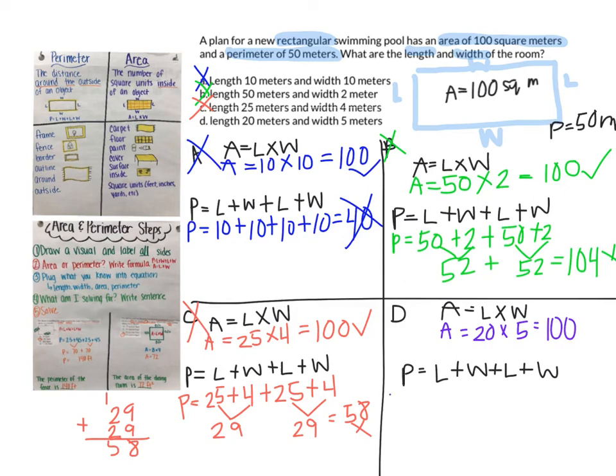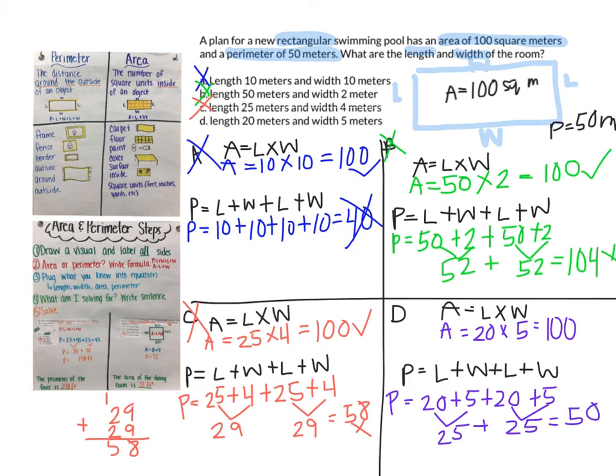Now perimeter. Perimeter equals 20 plus 5 plus 20 plus 5. 20 plus 5 is 25. 20 plus 5 is 25. Add those together. 25 plus 25 equals 50 meters.